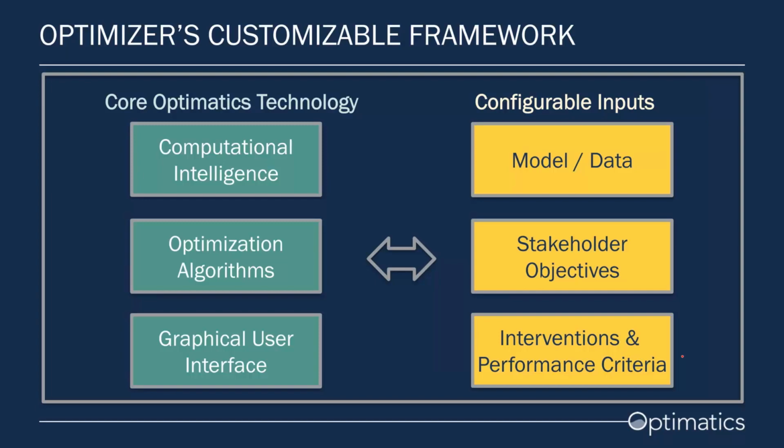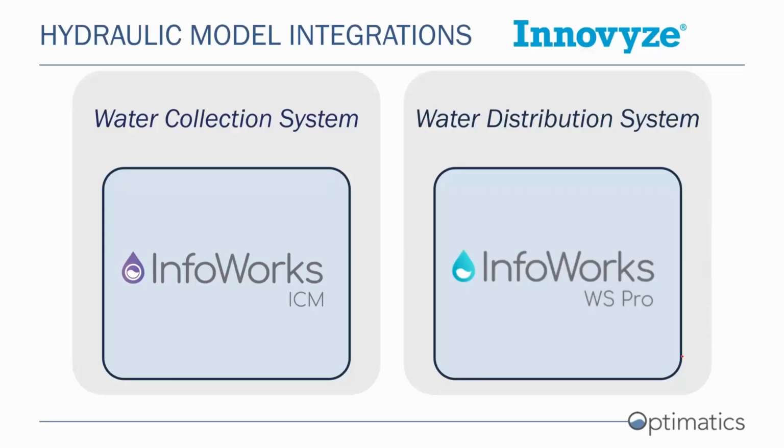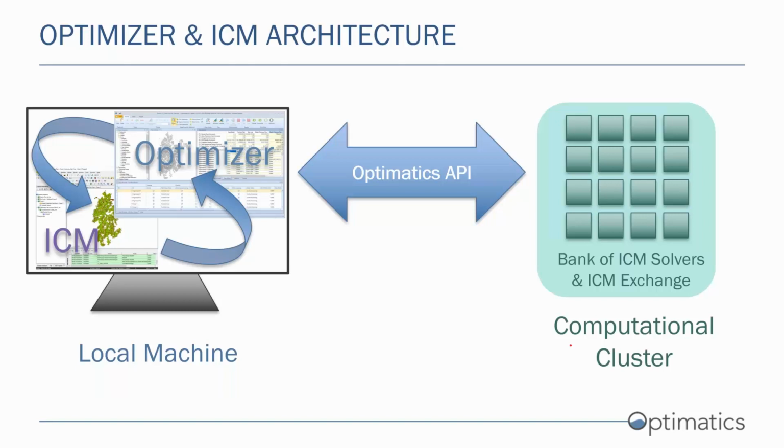So I've got a summary here of the InfoWorks products that we integrate with. On the collection side, we integrate with ICM, and on the distribution side, we integrate with WS Pro. And I've got a very simplified slide here of how that connection works. Basically, on your local machine, you'll have your ICM window as you're used to, and you'll also have an Optimizer user interface.